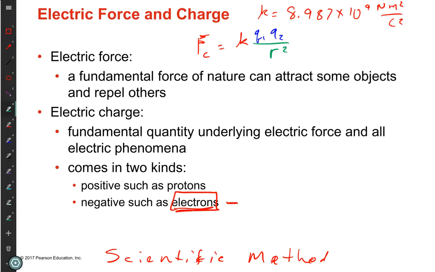And so when we're rubbing them, we're rubbing something that holds electrons. This one here really wants to hold on to electrons. This not so much. And so what's happening is the electrons are coming off of this and going onto this rod.